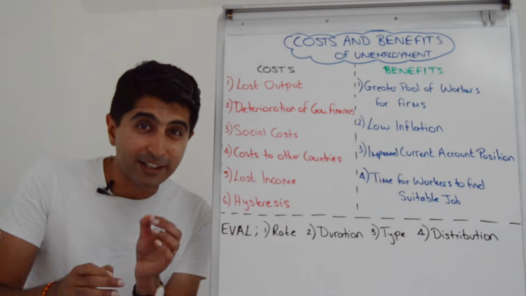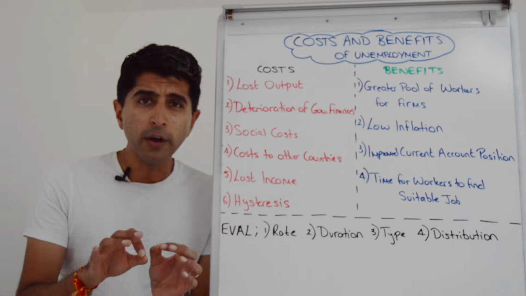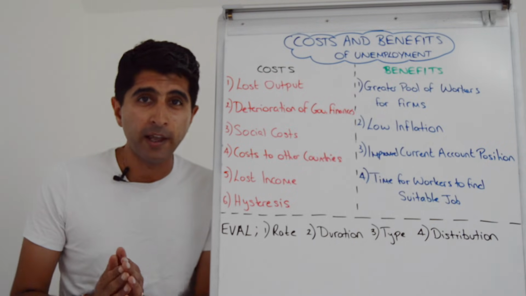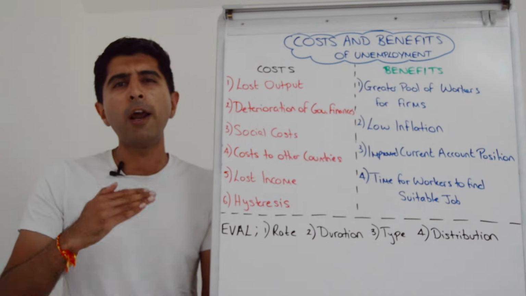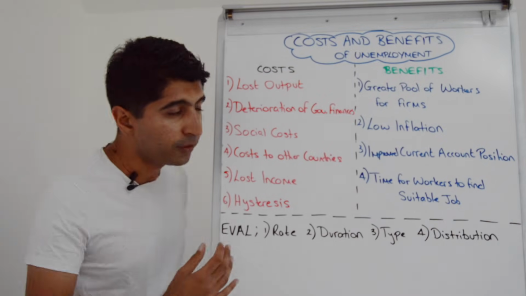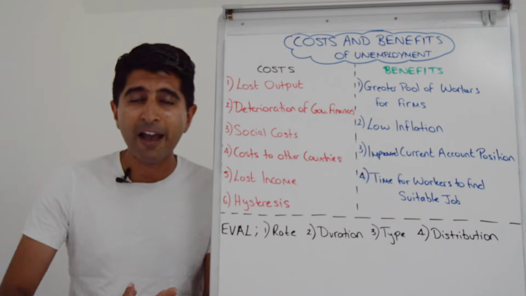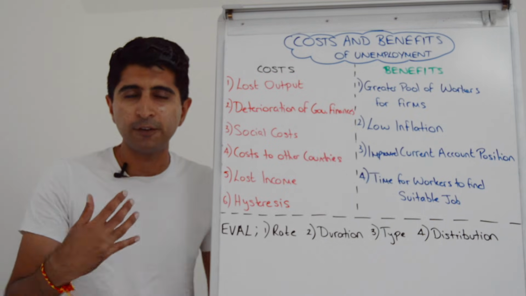And then lastly, the distribution of unemployment is key as well. The worst group in society to be unemployed is the youth. You do not want high rates of youth unemployment simply because they are more liable to suffer from long-term unemployment. Bear in mind, the youth don't have many work skills, they don't have much experience yet.